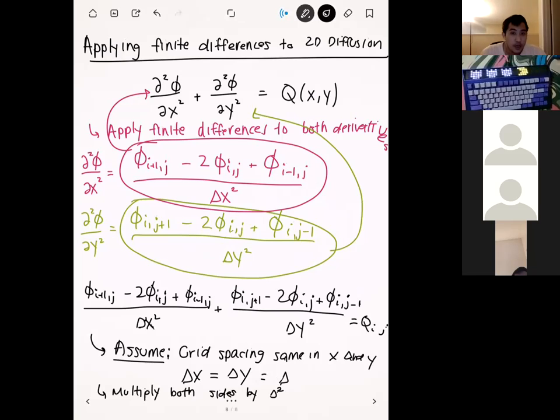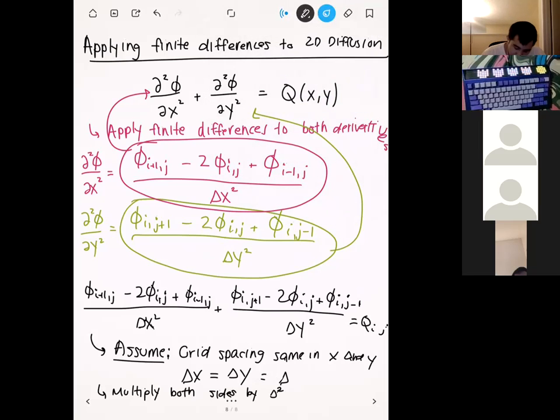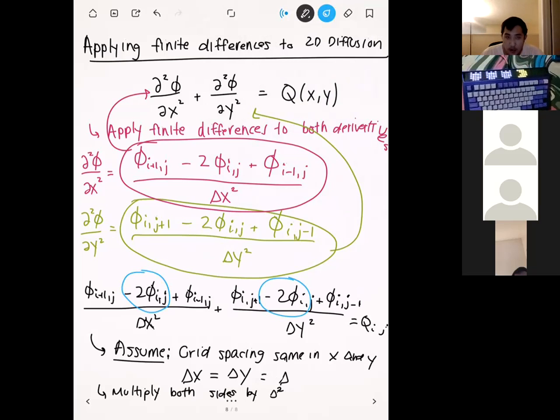And so what that'll do is allow us to write this equation without any fractions or any kind of division, which is a little bit easier to write, and it will allow us to simplify the left-hand side a little bit. Because if you notice, both of the finite difference approximations for our two derivatives here have this phi i comma j term. And so if we assume the grid spacing is the same and we move it over to the side, we can basically combine these two.